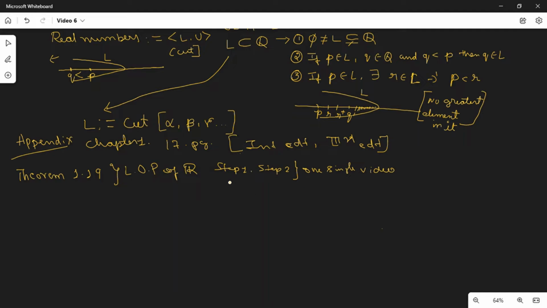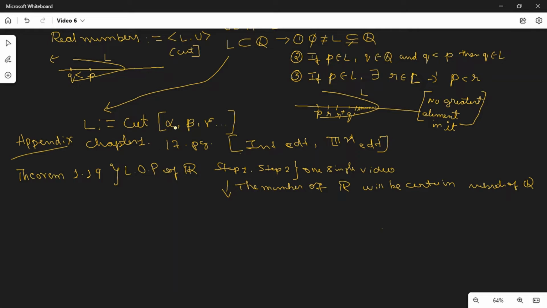In this step 1, he defined what is meant by a cut, using alpha, beta and all those things. He also says that the intention of step 1 is to show that the members of the real numbers will be certain subsets of rational numbers.